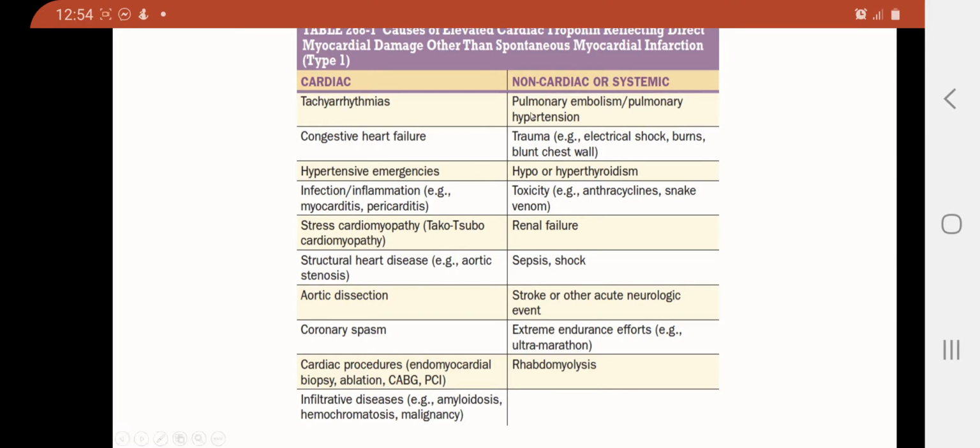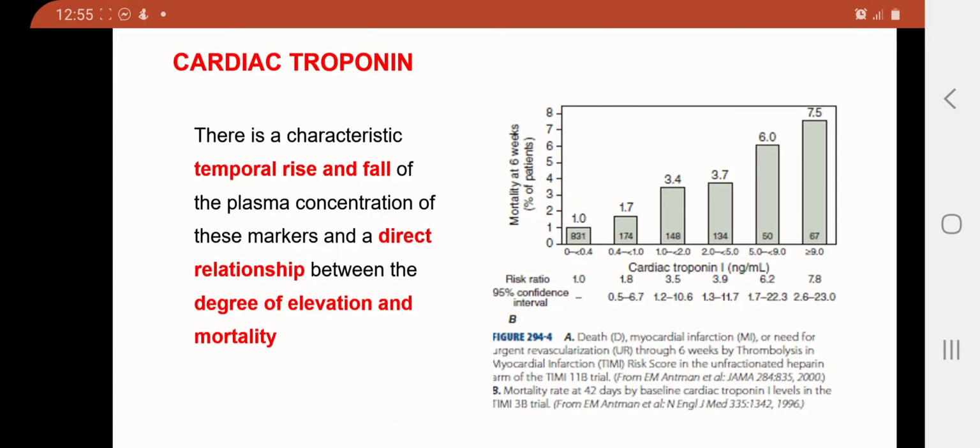And this one is for the non-cardiac or systemic conditions. There is a characteristic temporal rise and fall of the plasma concentration of troponins, and a direct relationship between the degree of elevation and mortality.